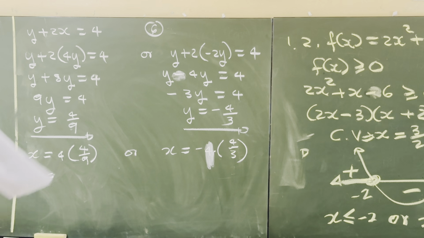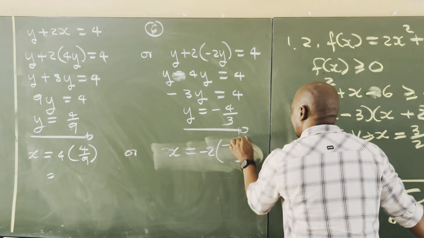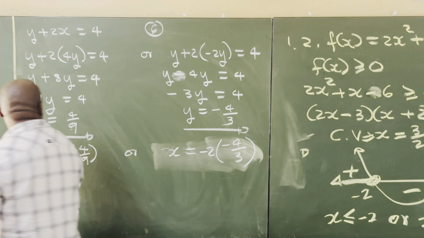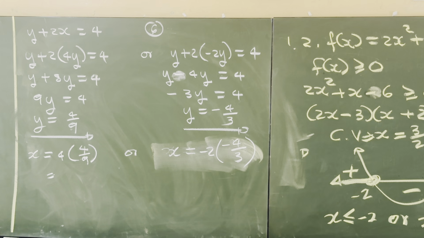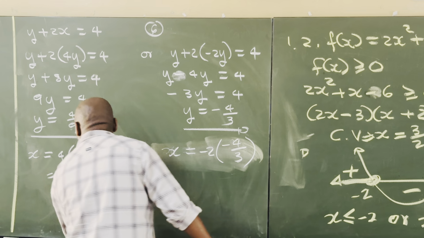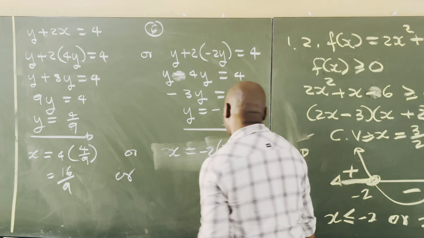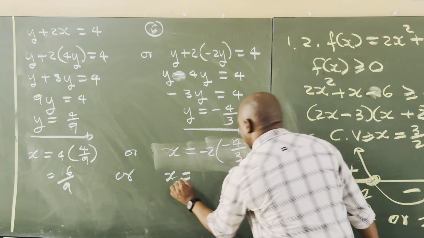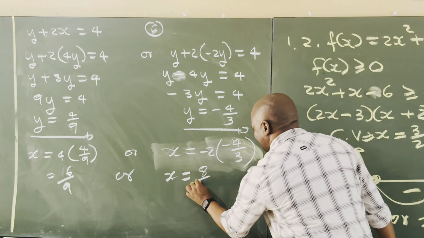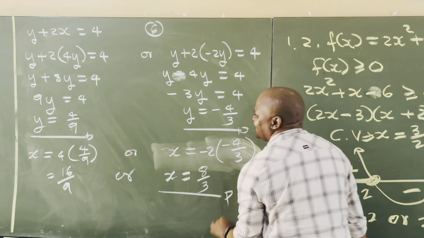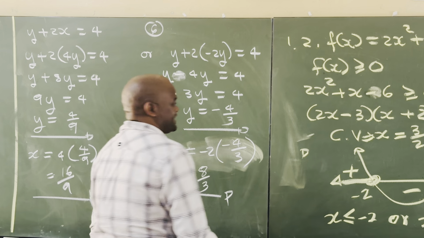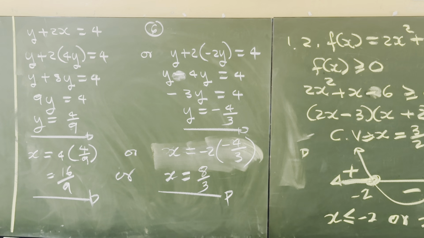But I have a feeling we'll get the same answer, but no problem. So you're going to have x equals to negative 2 into negative 4 over 3. Then compute this. What are you getting? 16 over 9 or x equals to 8 over 3. And these will be the suggested solutions. And you don't stop.